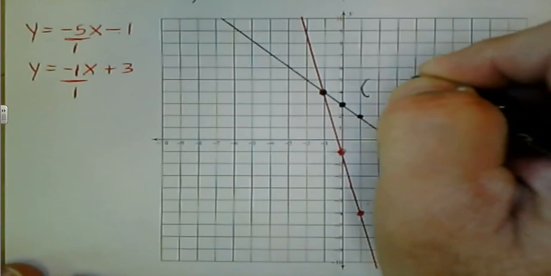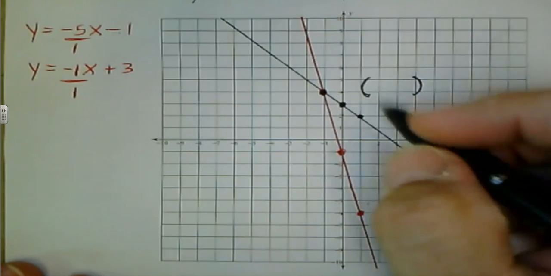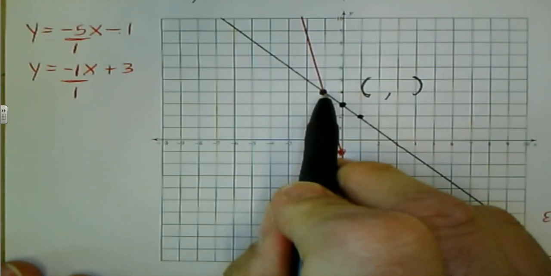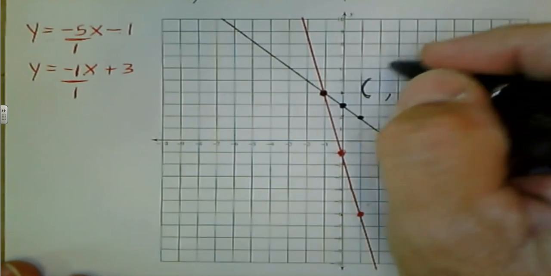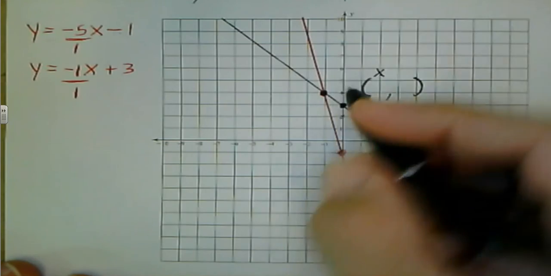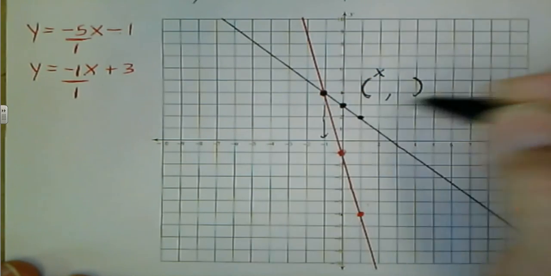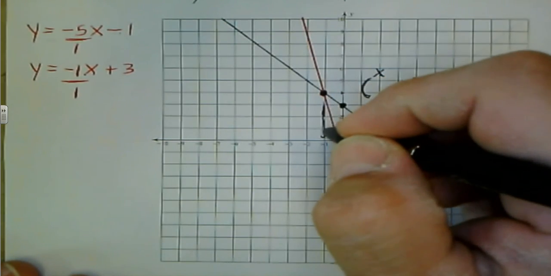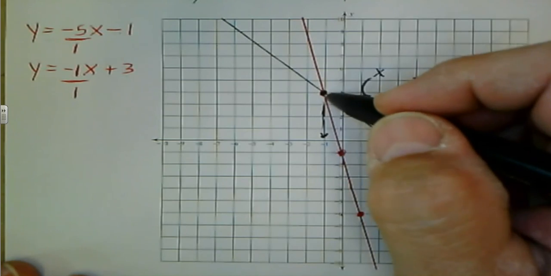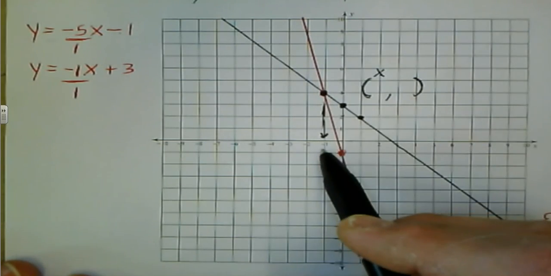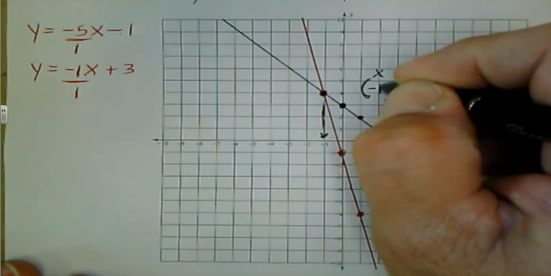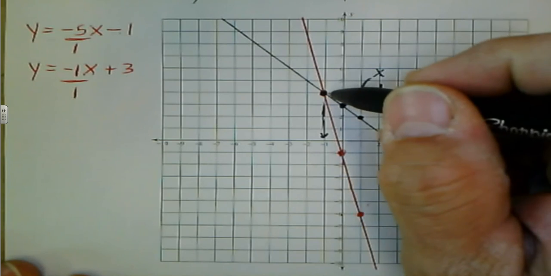Who can tell me what that coordinate point is? We go to the x first. So what's the x value? Anybody? Mary? -1. Goldman?